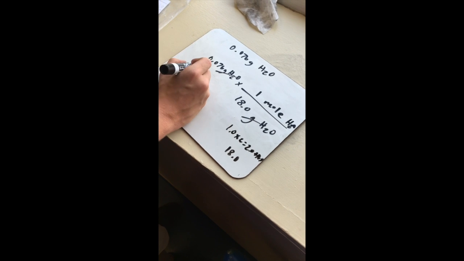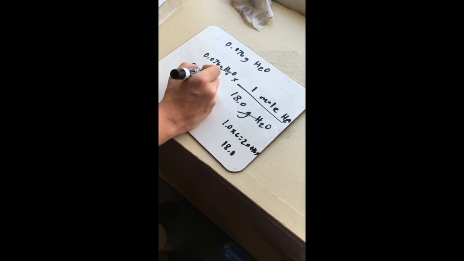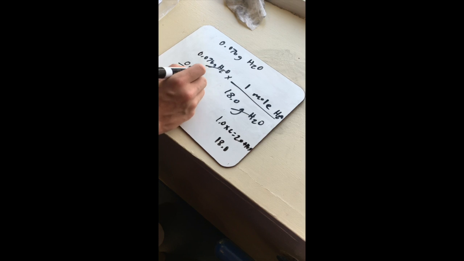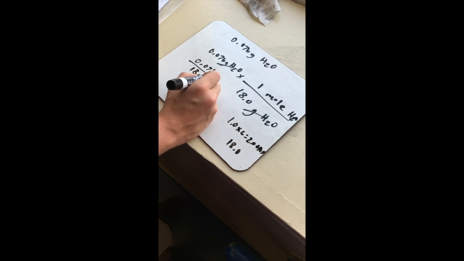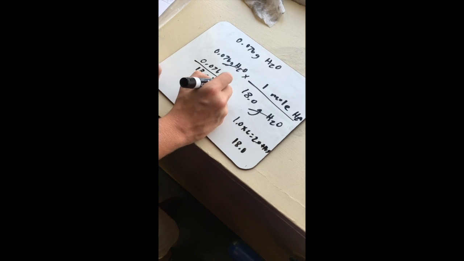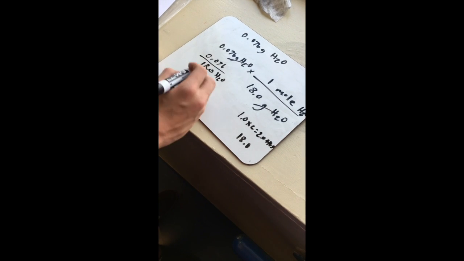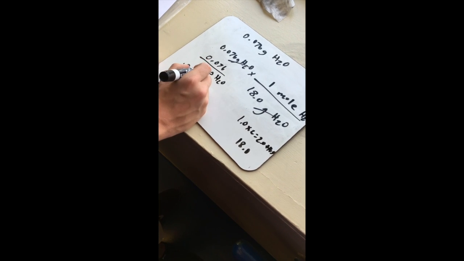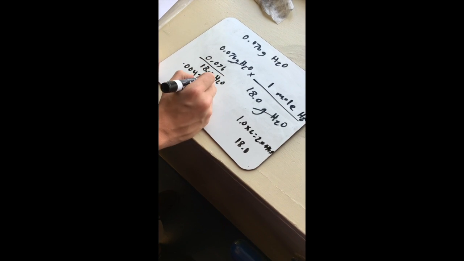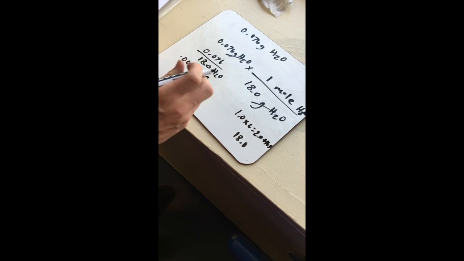And you would have 0.06 divided by 18.0 H2O. This would equal something like 0.004222 and continuous.